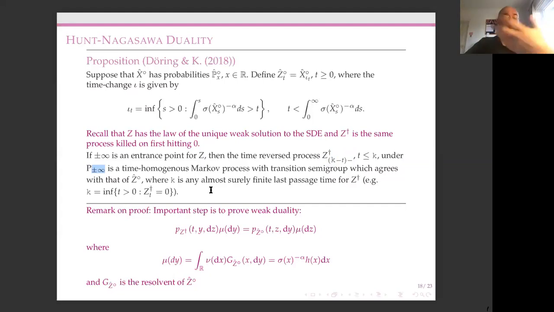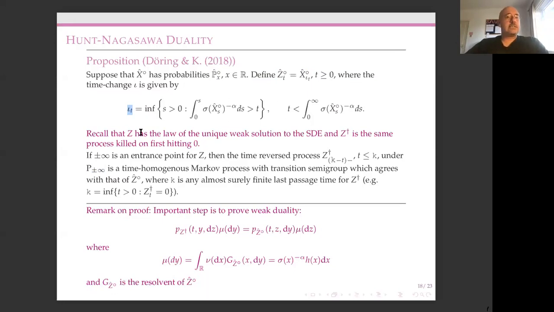then what I'm looking at is another continuous time Markov process. And that continuous time Markov process agrees with the one that I have built here, with this unusual choice of time change, or this, at the time of introducing it, arbitrary choice of time change.